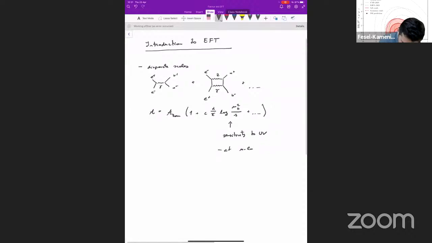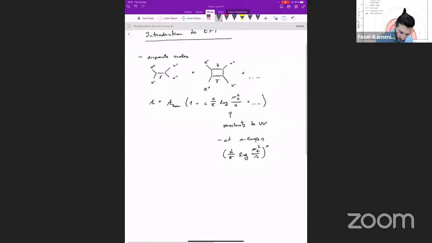At n loops, one can always find corrections which will be of order alpha over pi log mz squared over s, to the nth power. Those kinds of corrections are sometimes also called the leading logs.